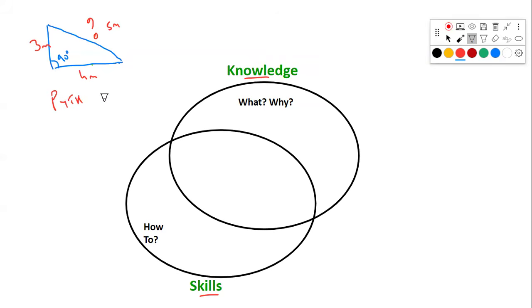Perfect. So did I tell you about Pythagoras theorem now? So you already have knowledge of Pythagoras theorem and when it is to be used. So this is called knowledge. And today you are applying this to solve a problem which you have encountered today.